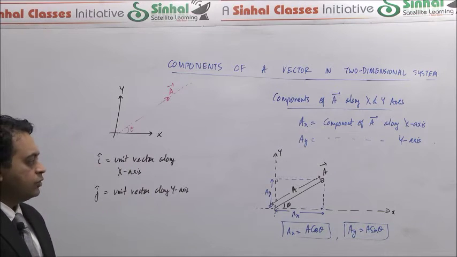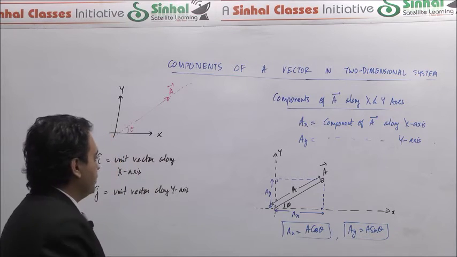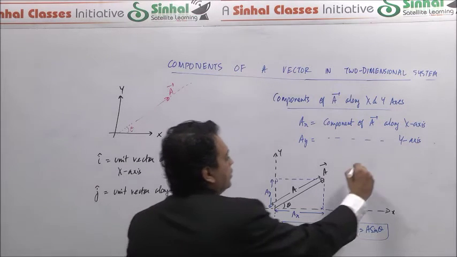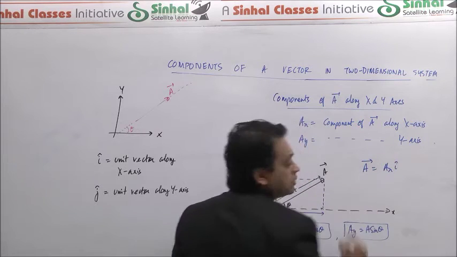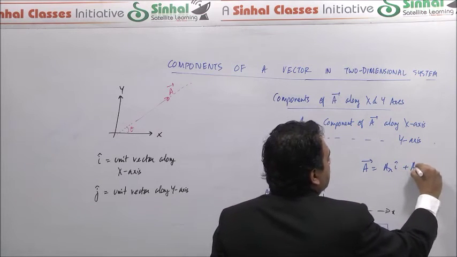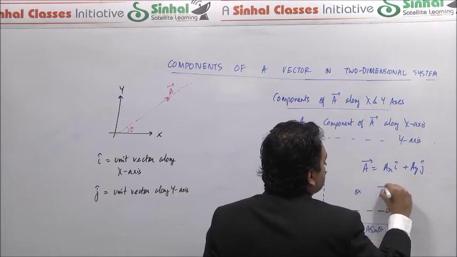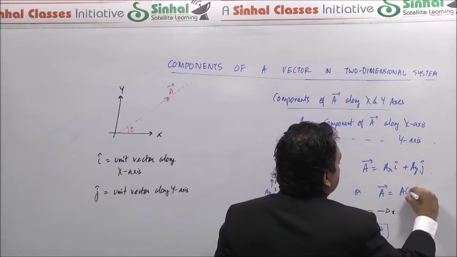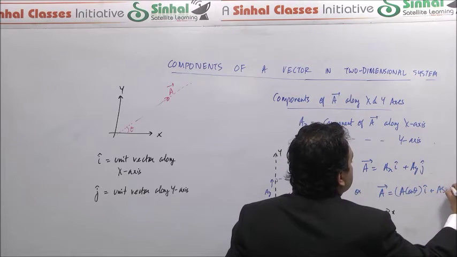Okay. So next what we can understand is that once we have found out AX and AY like this, we can represent the vector A itself as AX multiplied by i cap plus AY multiplied by j cap. Or now using these, we can see that the vector A can be represented as A cos theta i cap plus A sin theta j cap.